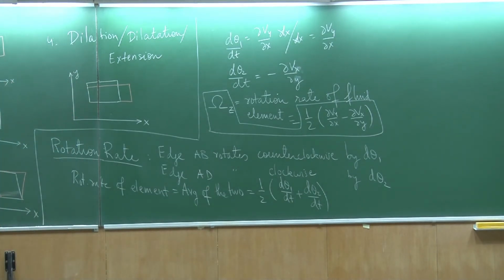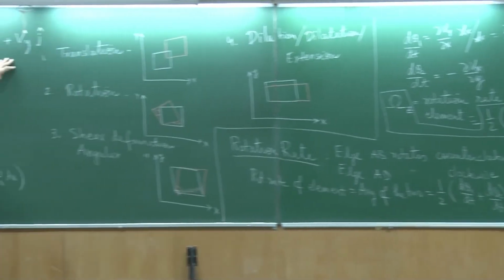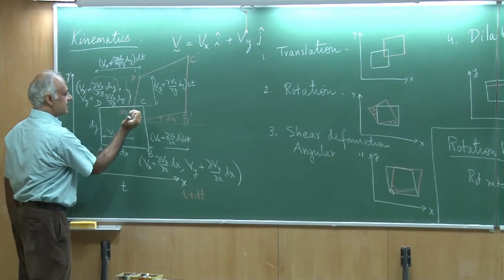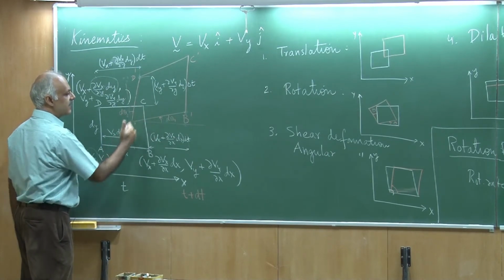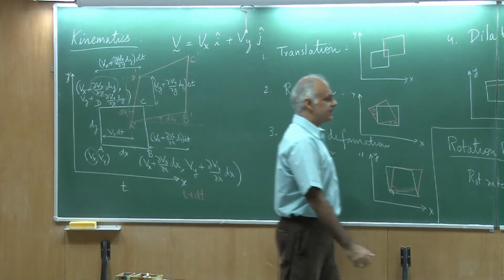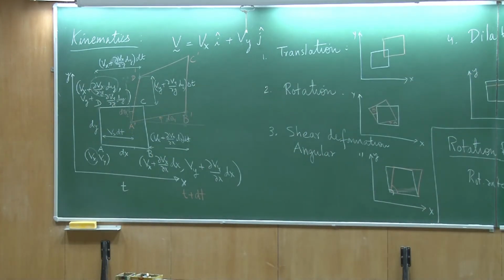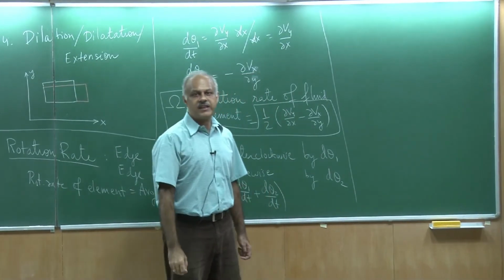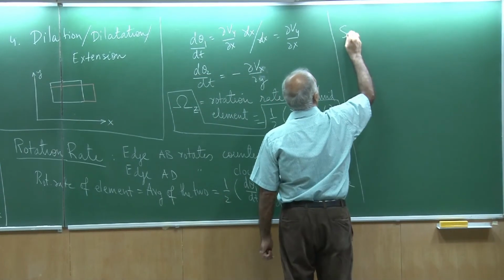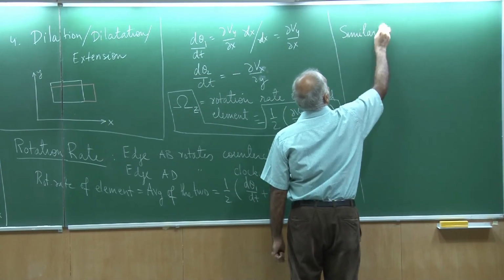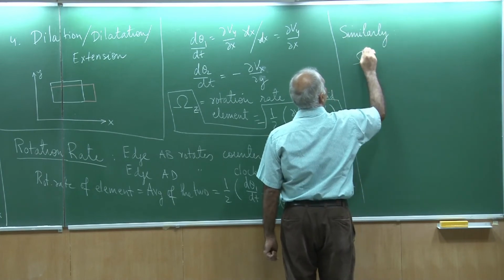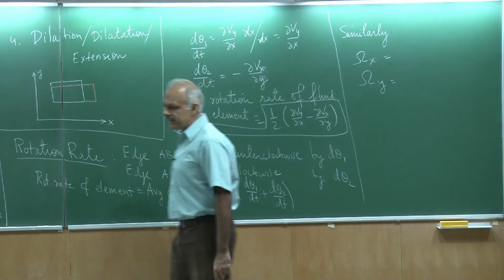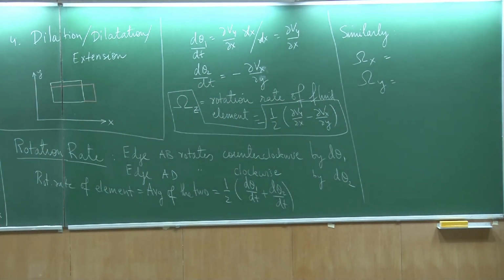So, what I have been able to show is that given a velocity field, the net rotation rate about the z axis, so mind you this is x y, so about the z axis is simply given by this quantity over here. I could go ahead and do this now in 3 dimensions, and I could find out what is omega x and omega y. So, let me get these expressions for you. I have worked them out.